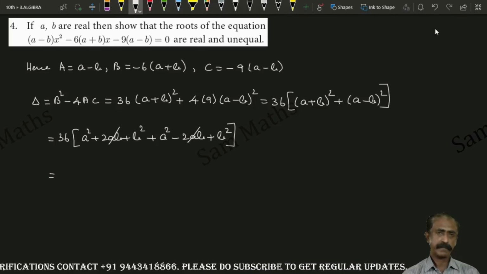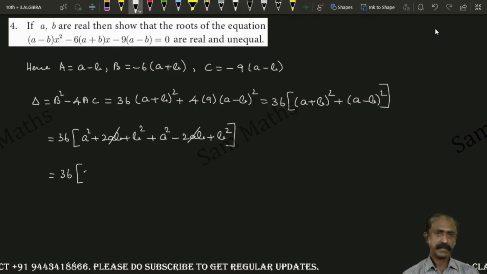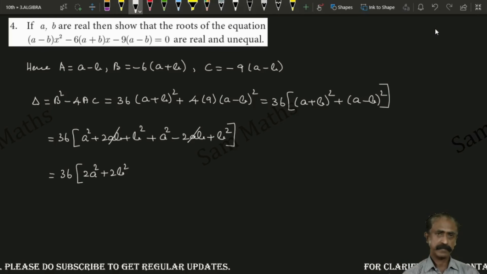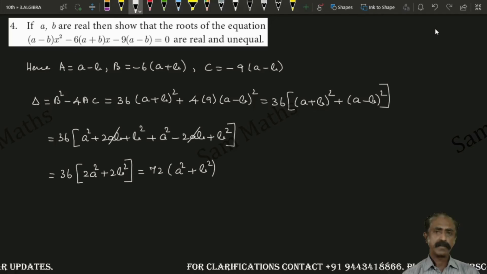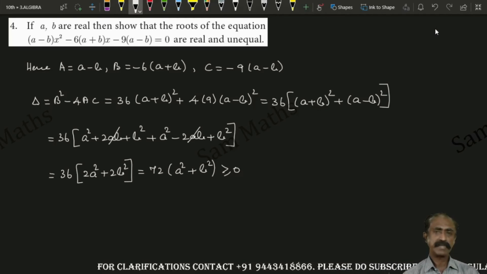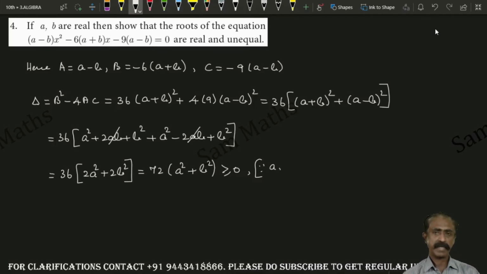Therefore, we are getting 36 into a square plus a square, that is 2a square plus 2b square, which is equal to 72 into (a square plus b square). This is greater than or equal to 0 since a and b are real numbers, a comma b belongs to R.